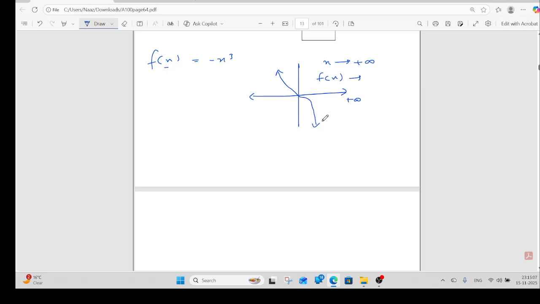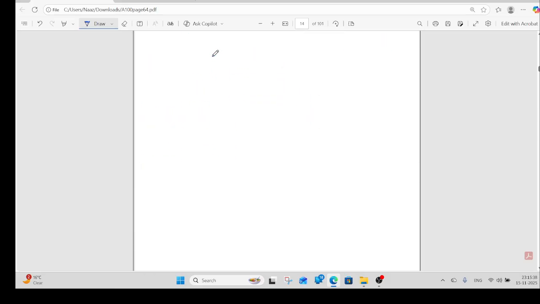So f(x) goes to negative infinity. This is for the right side. For the left side, as x goes to negative infinity, my function is going upward, as you can see here. So upward means positive infinity. So this is the end behavior when degree is odd but my leading coefficient is negative, because it is negative 1. That's how the polynomial behaves at extreme ends.